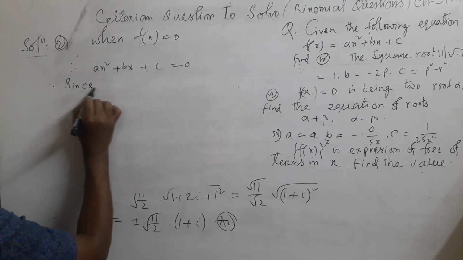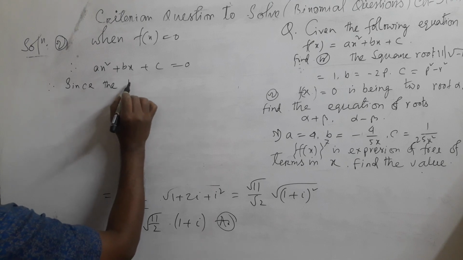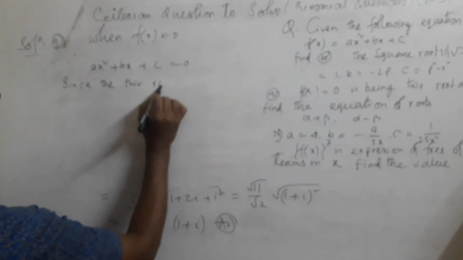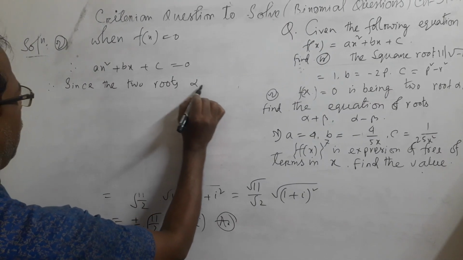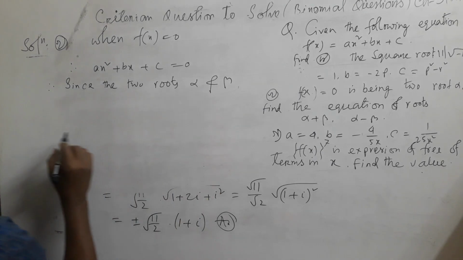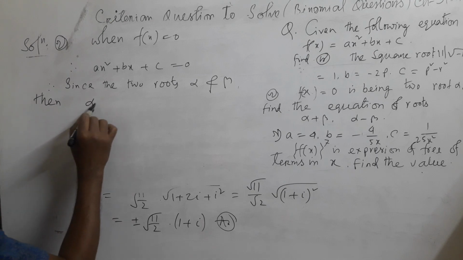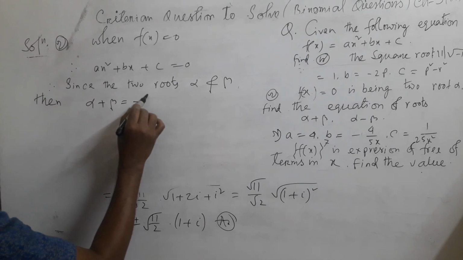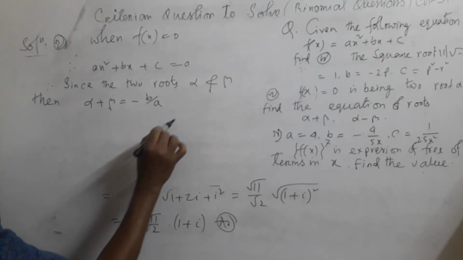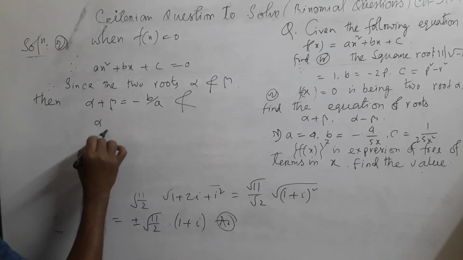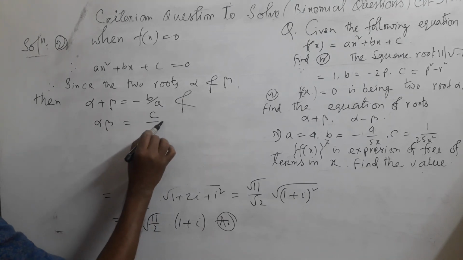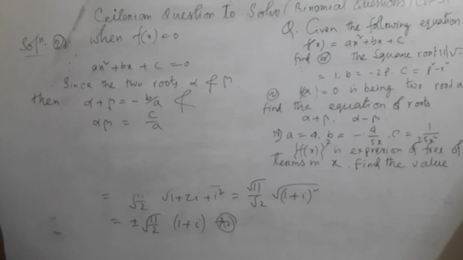Since the two roots are alpha and beta, then alpha plus beta equal minus b by a, and alpha beta equal c divide a.